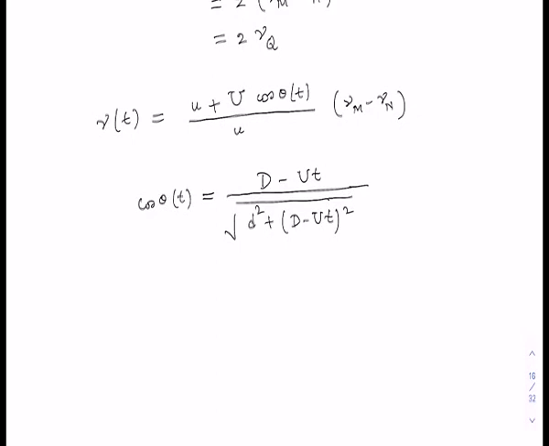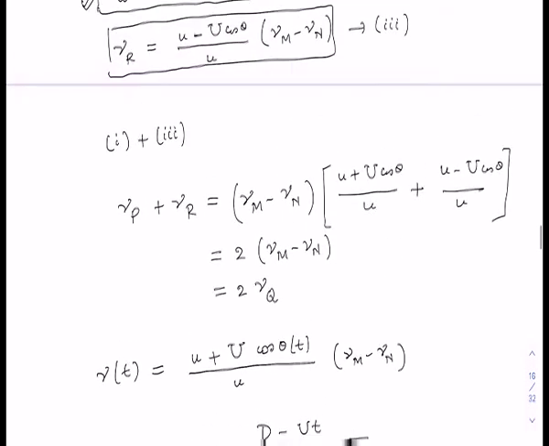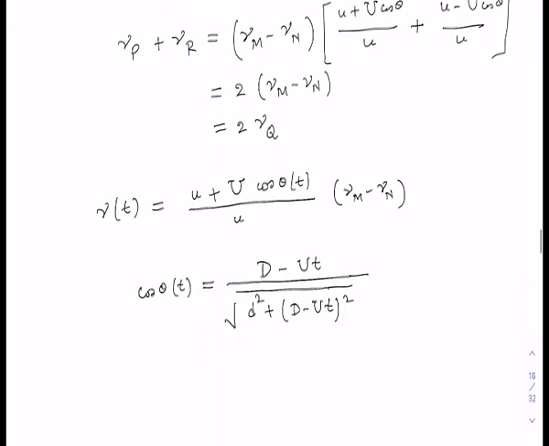To find the rate of change of beat frequency, you have to find out the slope, right? d nu of t by dt. So you just have to work it out. In fact, you can easily see from here, because it is cos theta, in terms of theta you can estimate it very quickly this way also.